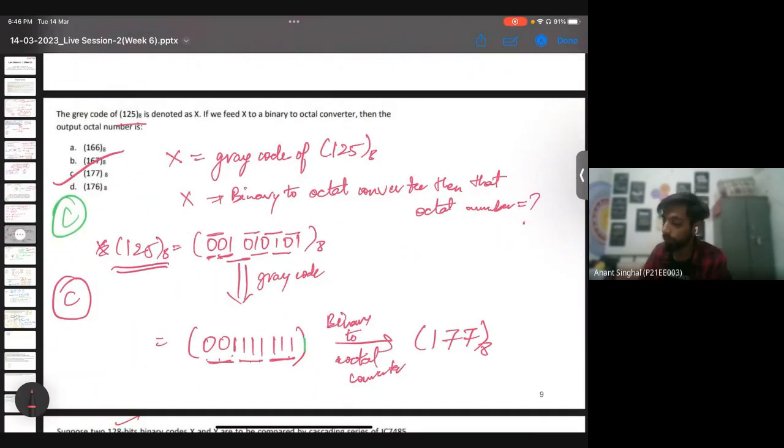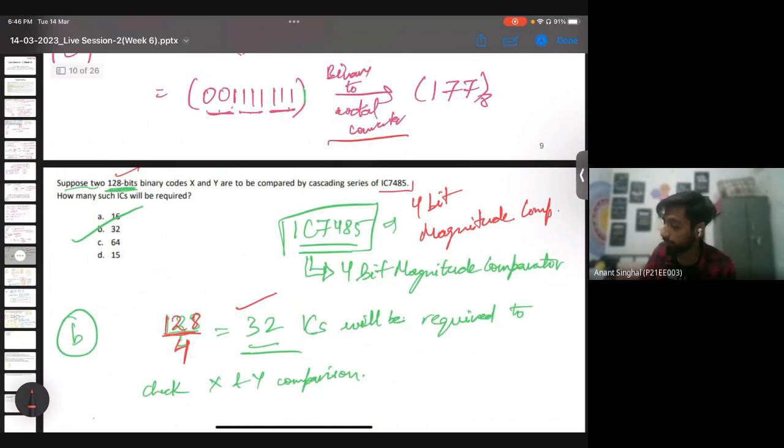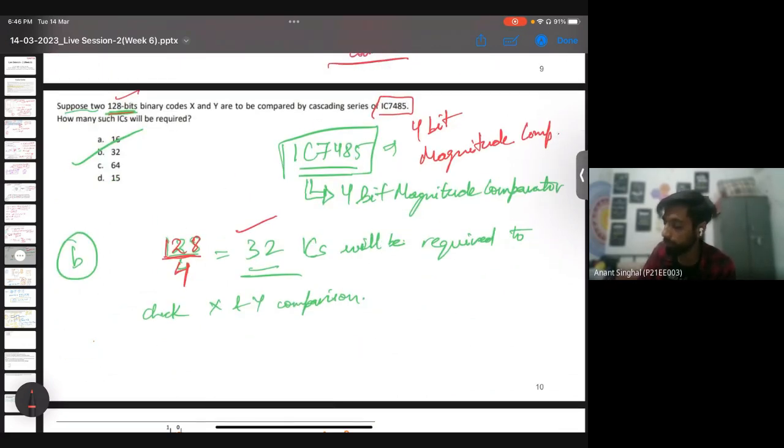Then we did some conversion from binary to octal, or binary to gray. First we converted this octal number to a binary number, then binary to gray, and then this gray code, since it is a code in binary, was converted to finally octal. So the correct answer to this question was option B, C. Then we read a basic thing that this IC 7485 is nothing but a 4-bit magnitude comparator, so to compare 128 bits, we require 32 such ICs.